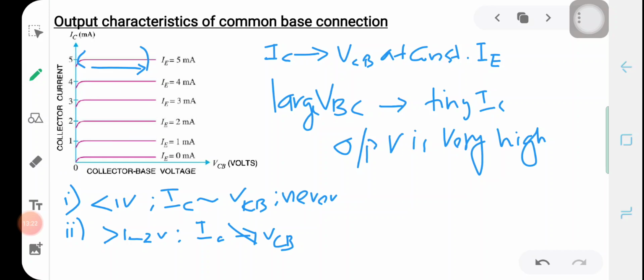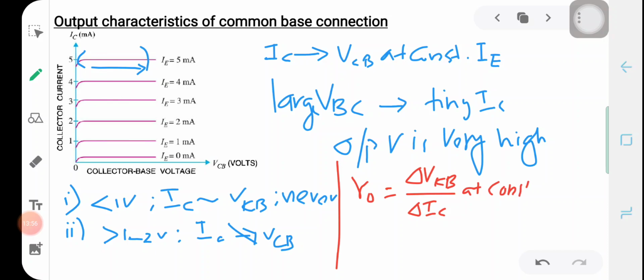We are representing the output resistance by R0, which is equal to the change in the output voltage to the change in output current. Here the output voltage is the collector base voltage VCB divided by delta IC at constant.